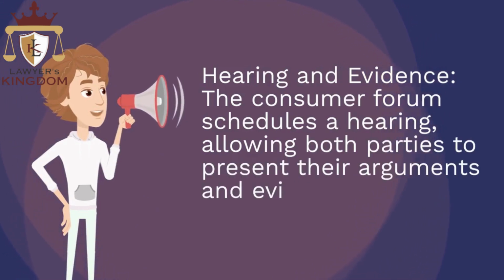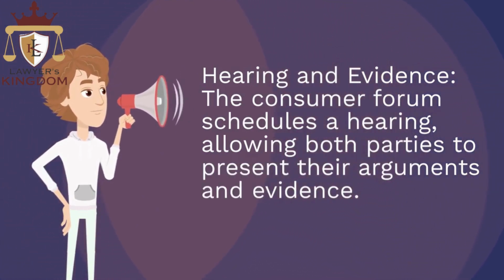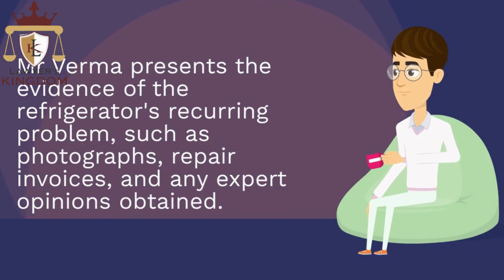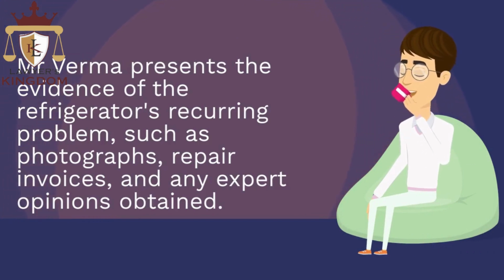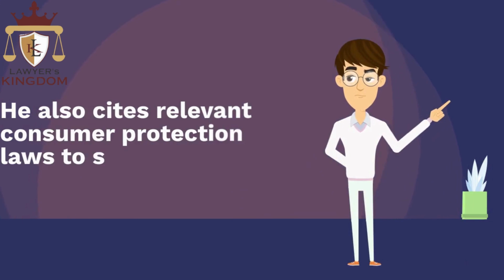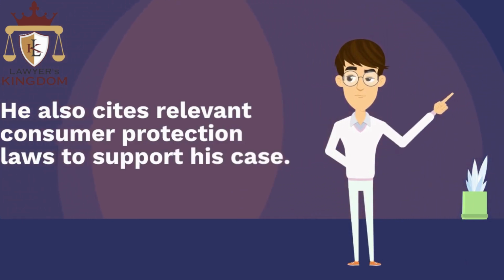The Consumer Forum schedules a hearing, allowing both parties to present their arguments and evidence. Mr. Verma presents the evidence of the refrigerator's recurring problem, such as photographs, repair invoices, and any expert opinions obtained. He also cites relevant consumer protection laws to support his case.